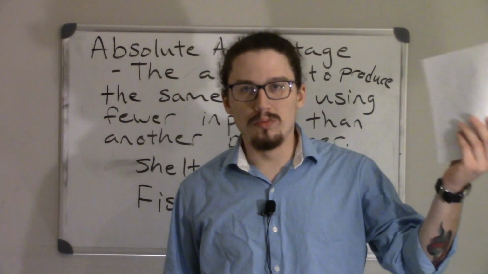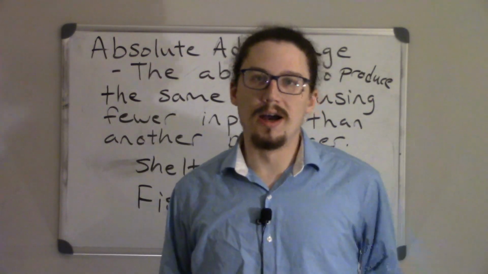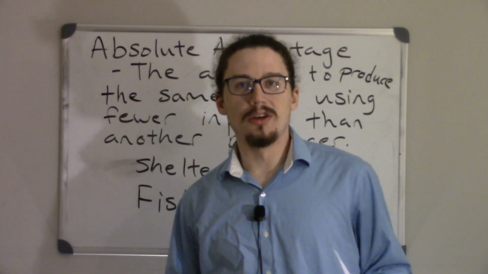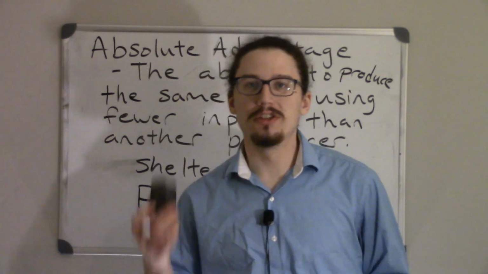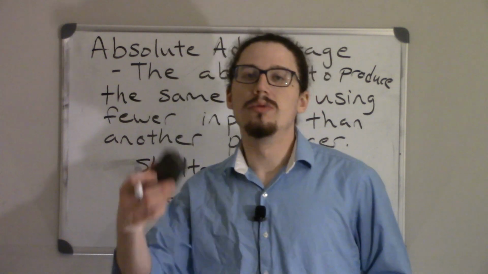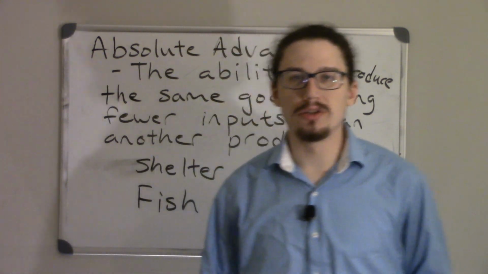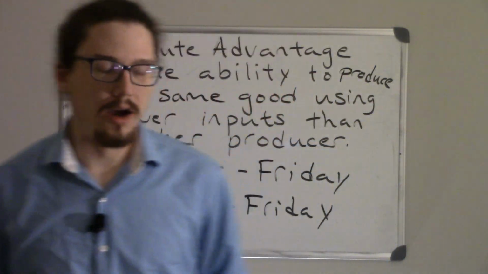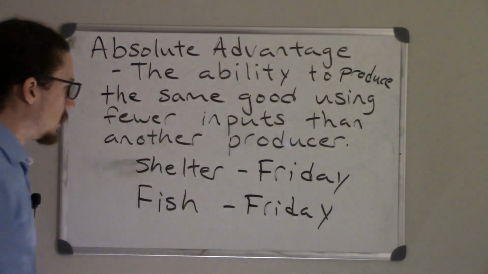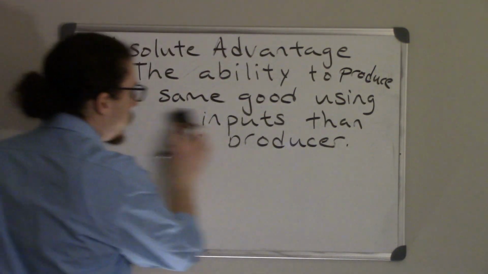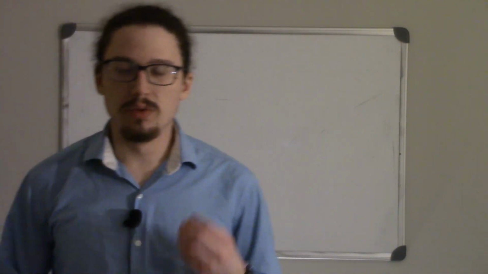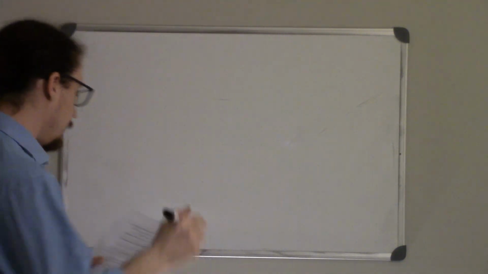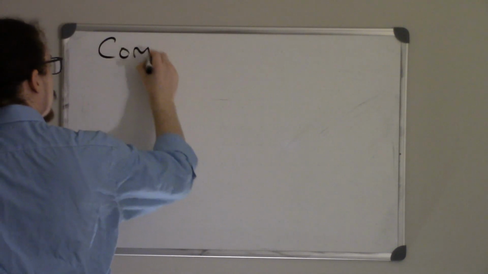Even though a very wealthy industrialized country like the United States might have the absolute advantage, there are still advantages to trading with less developed countries that are not able to produce as much of a good given the same number of inputs. So what we need to look at when considering who should produce what, if there is going to be trade, is what we call the comparative advantage.